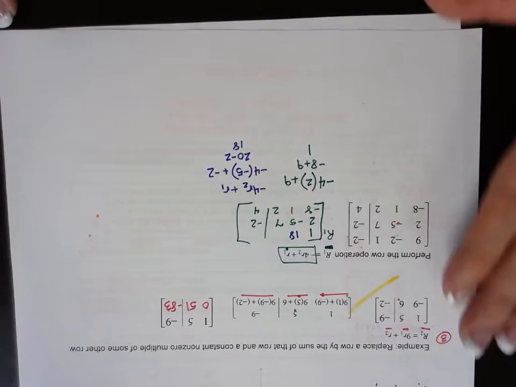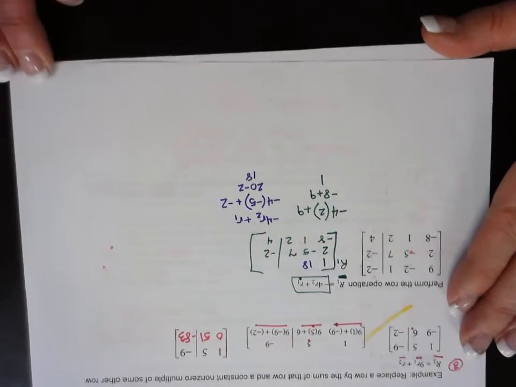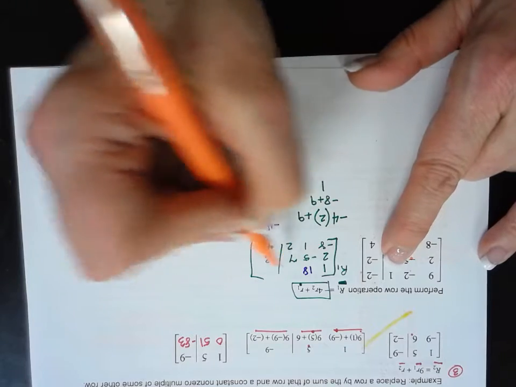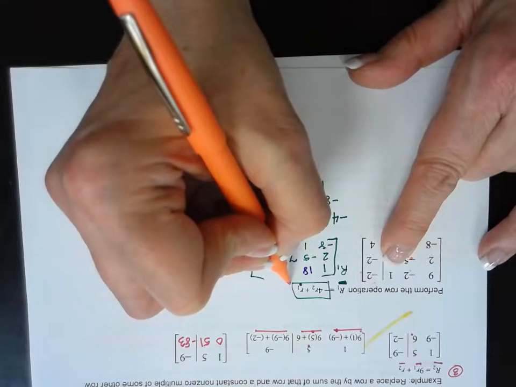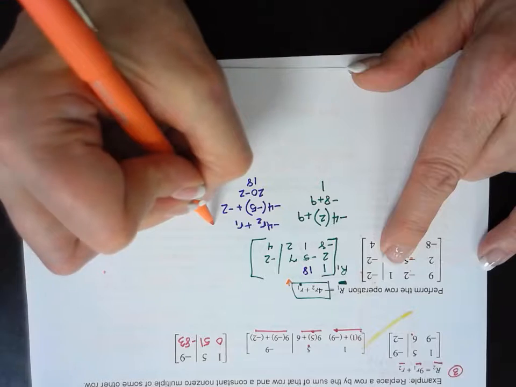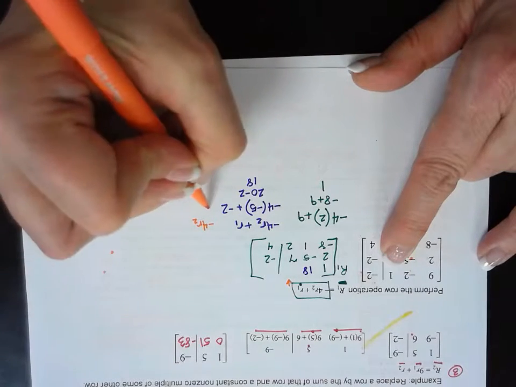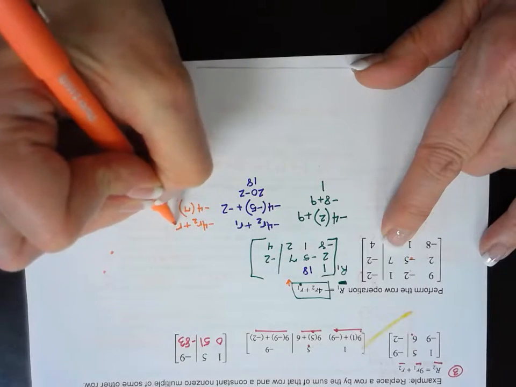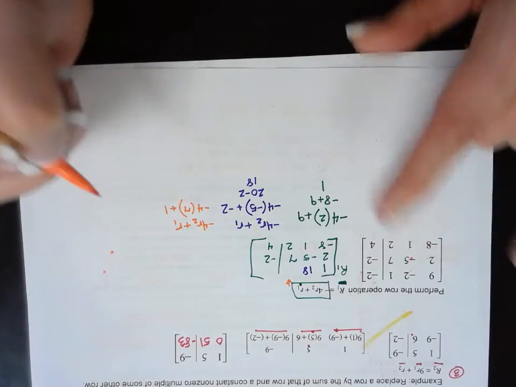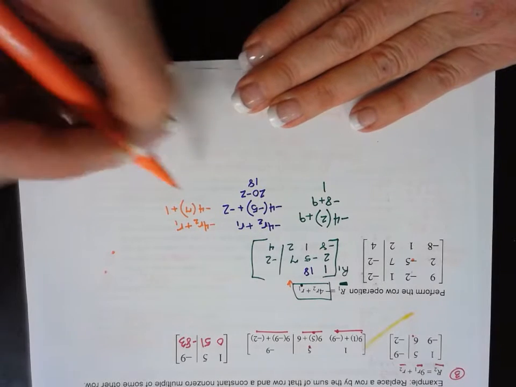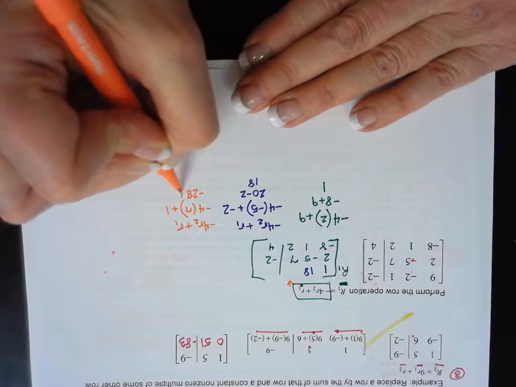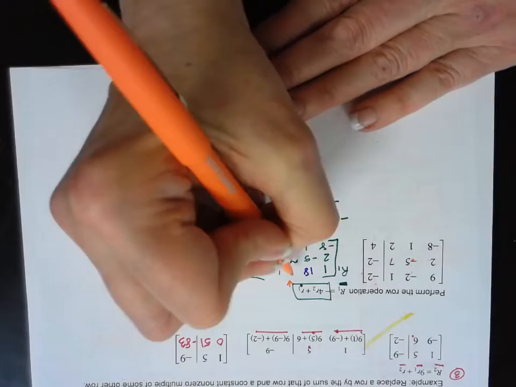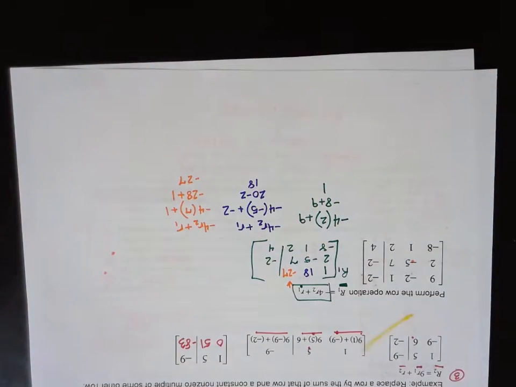Okay, good so far? Okay. Got to do it for each position. So for position 3, or column 3, I'm going to do negative 4 times row 2, so negative 4 times 7, and then add row 1. So I'm going to have negative 28 plus 1, which gives me negative 27.